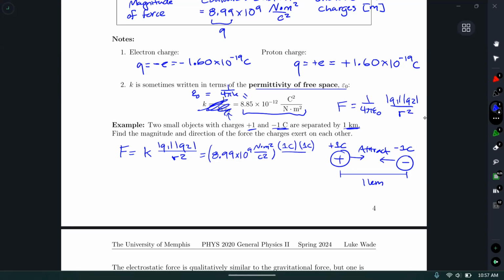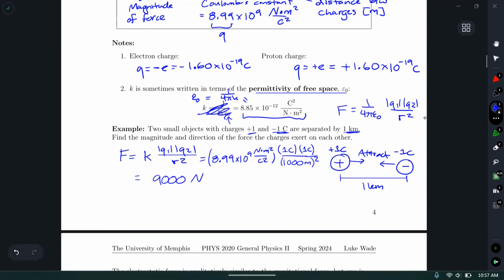Okay. The other thing that could have tripped you up is that it's kilometers. We need to be in meters. That's SI. So that's 1,000 meters, and we square that. We do get, I'm just rounding pretty aggressively, 9,000 newtons. And that is kind of concerning because that's about 2,000 pounds of force.